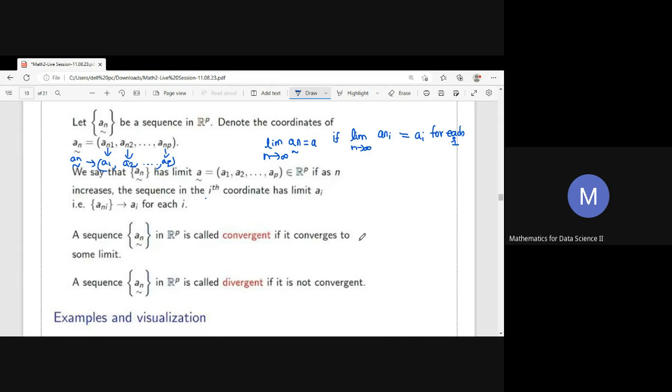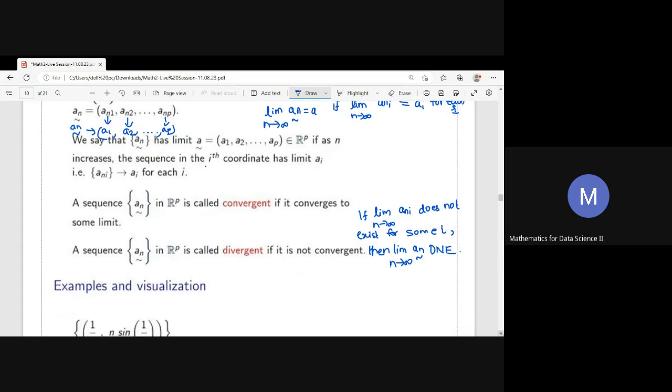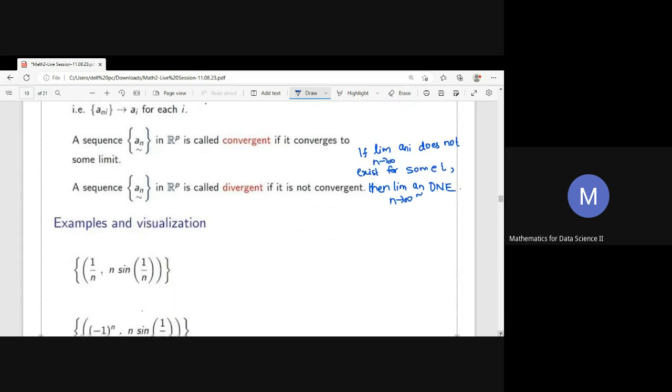So if limit n goes to infinity of a_ni does not exist for some i, that is enough to show that limit n goes to infinity of a_n tilde does not exist. We will see examples so you can understand it better.